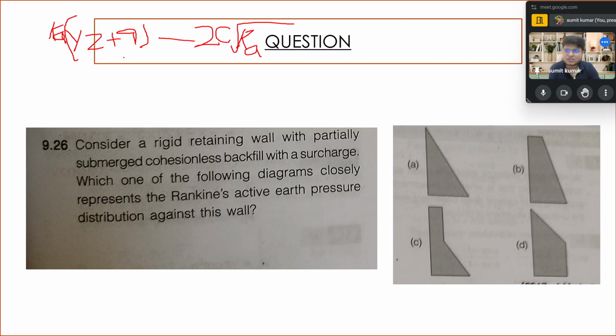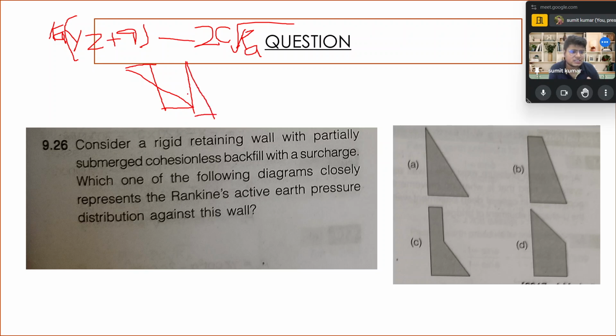But suppose a condition where the soil is cohesionless. If cohesion is there, when we plot the earth pressure diagram, the minus 2C root K_A goes to that side and the plot will be like that. For surcharge also there is some complication, like in one problem we took where they asked how much surcharge we should apply so that the pressure is zero.